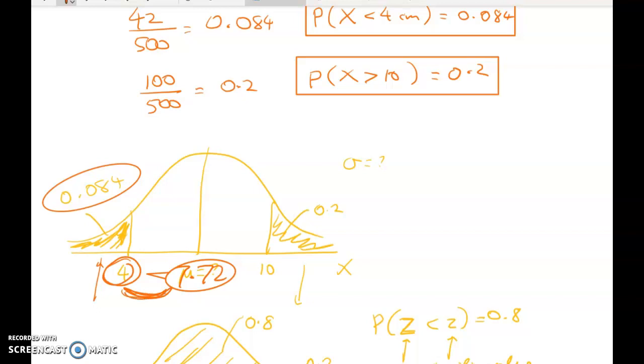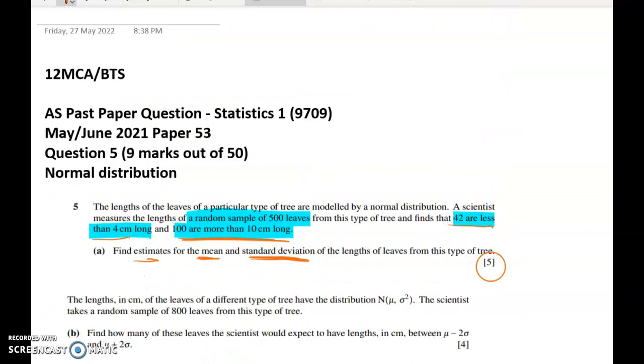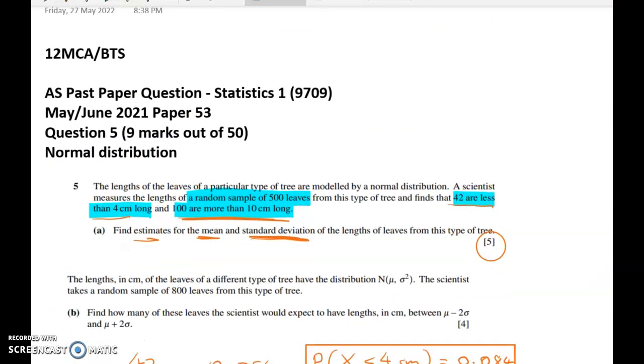So that's chopping off 3.7 away, so that's chopping off a lot. Whereas the 10 here is only, I don't know, 2.3 away. So this is not as extreme a value, and that's why I've got more stuff above it in the tail, right? Whereas 4 is quite a long way away from the mean. Always worth doing that quickly at the end. So that's the first 5 marks, right? Let's see, find estimates for the mean and standard deviation.